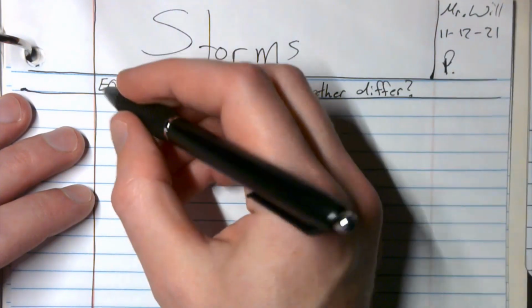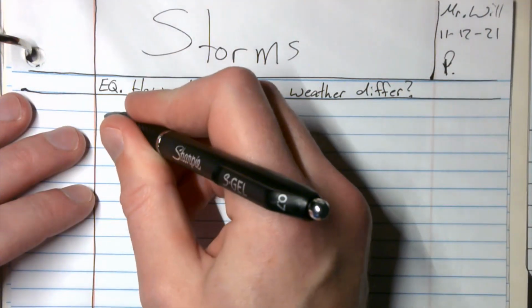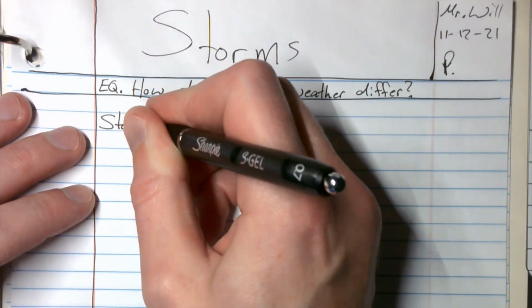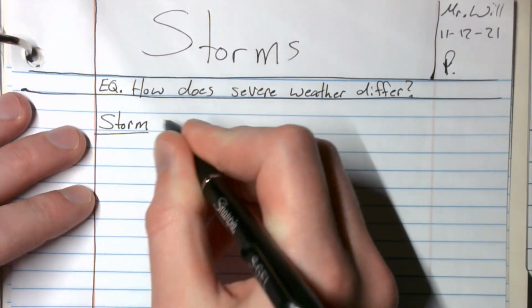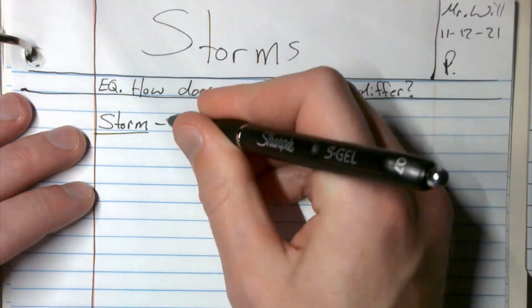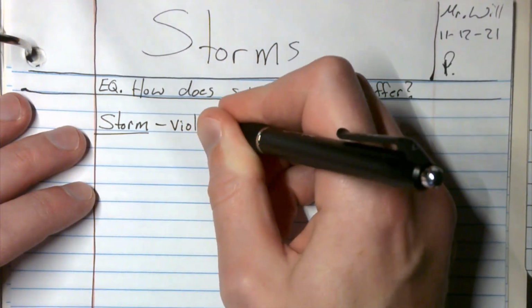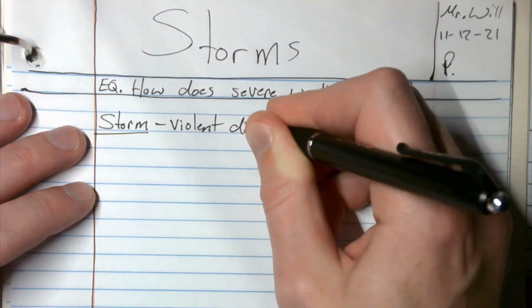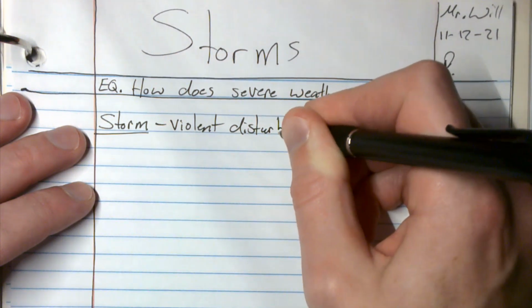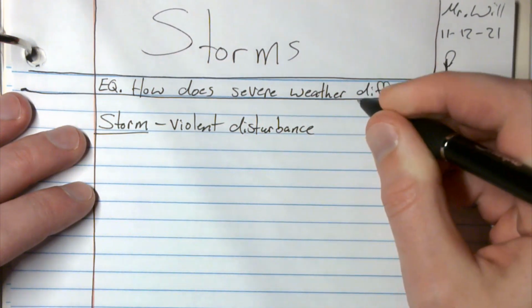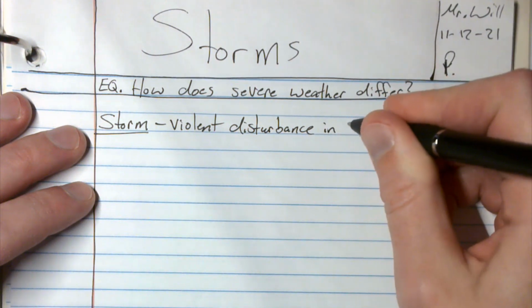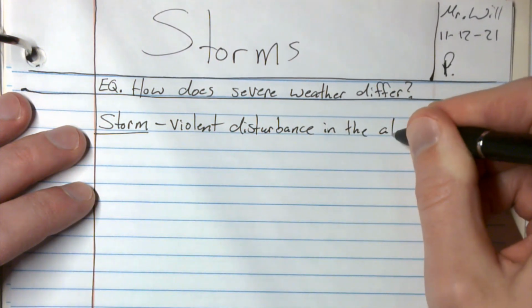To start off with, let's talk about storms, or what a storm is. So that's a vocab word. It's just a violent disturbance in the atmosphere. So let's write that. So violent disturbance in the atmosphere.